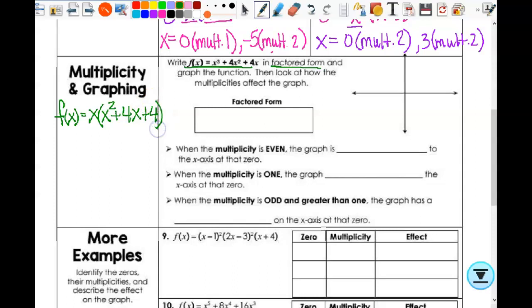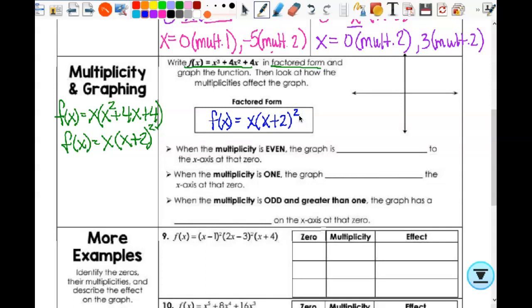I'm going to use my perfect square trinomial knowledge and get x, and I can take half of this and square it and get that, so that makes this (x plus 2) squared. So my factored form, f of x is equal to x times (x plus 2) squared.